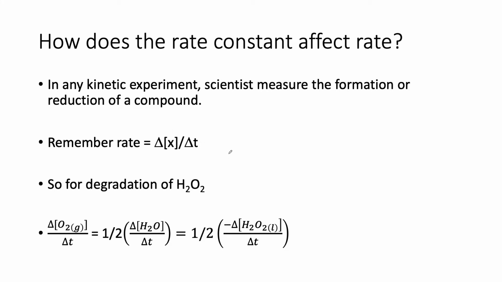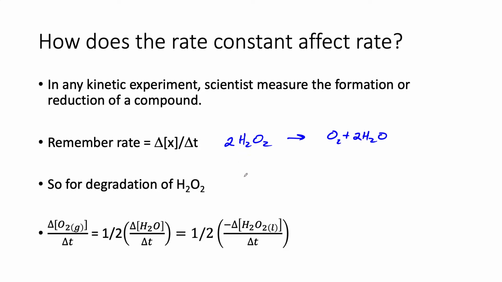So what we have is H2O2, and we're going to go to H2O, and actually it's going to produce O2. Let's make sure I get the coefficients. Two of these, one of these, and two of these.